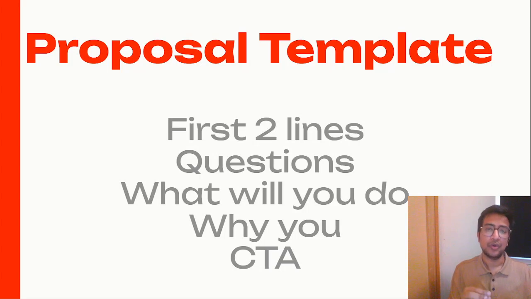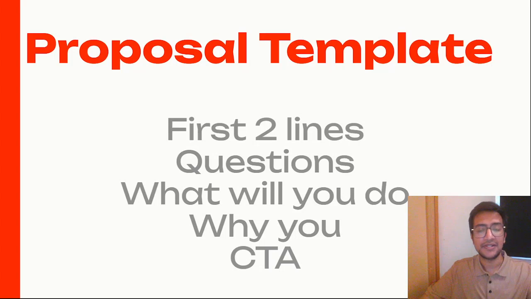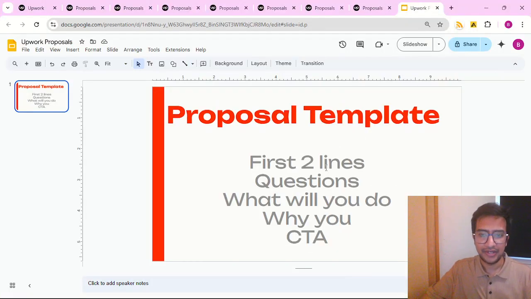And you need to also include some lines on why you. And then there should be a call to action. This is super important, and I've tried and tested it. I think it is the most important part of your proposal, which makes the client go ahead and shortlist your profile and send you a message if they really like your work.